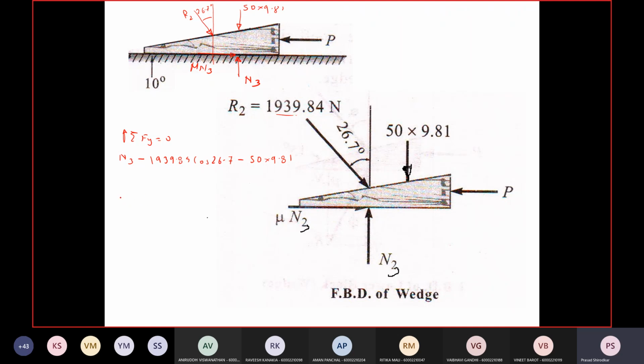And summation Fx equal to 0, right hand side positive, so μN3 plus 1939.84 sine 26.7 minus P is equal to 0. Find out the value of N3 first and then substitute it in this equation and find out the value of P.